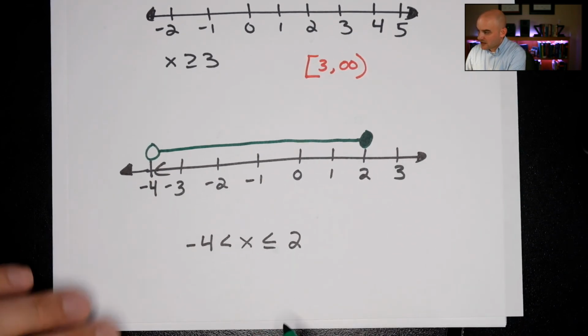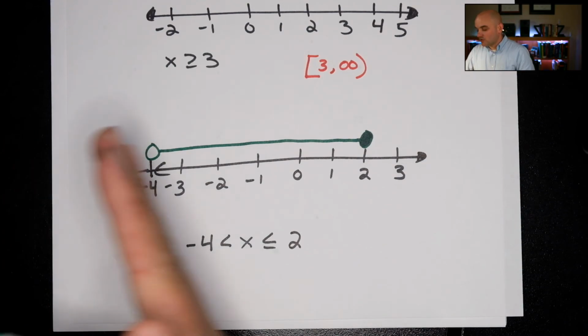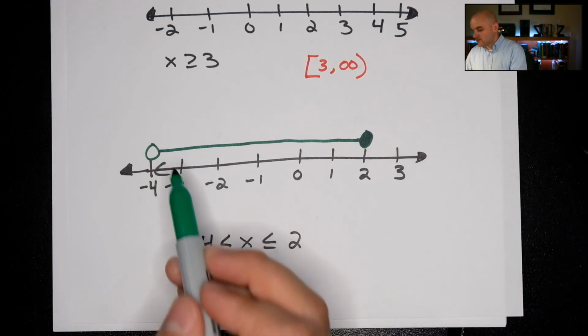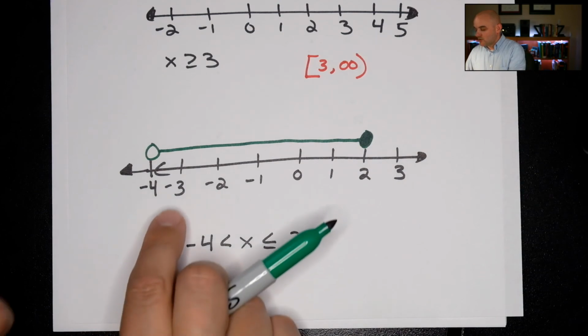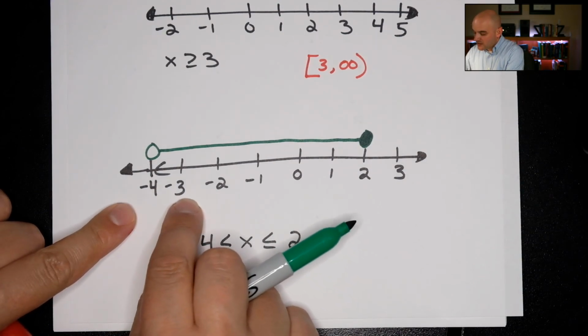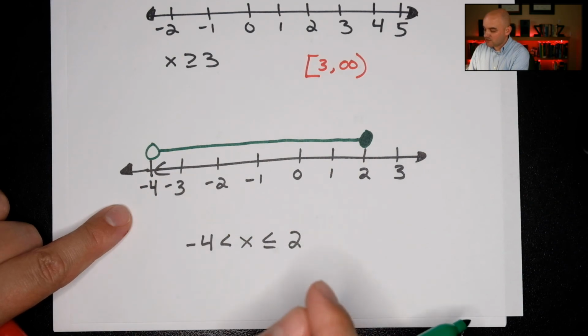This is in alligator notation. Now we want to put it into interval notation. So going left to right, we pick up with x values just above -4. Don't put -3 here. That's a common mistake, because you think you can't include -4. But remember, -3.9 you can include, because that's bigger than -4.